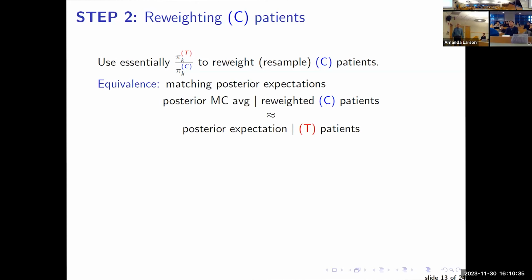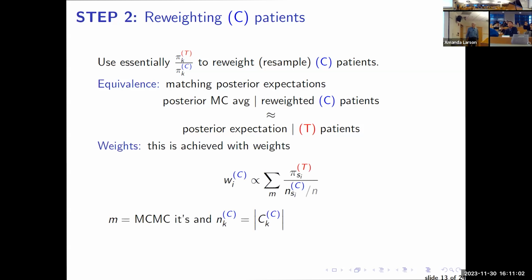Making that a little bit more formal, what we want is to be able to use posterior Monte Carlo averages conditional on the blue patients to approximate posterior expectations for the red patients. That's just my definition of the correct reweighting, yeah? Where I can use these weights up there, the ratios of the weights.